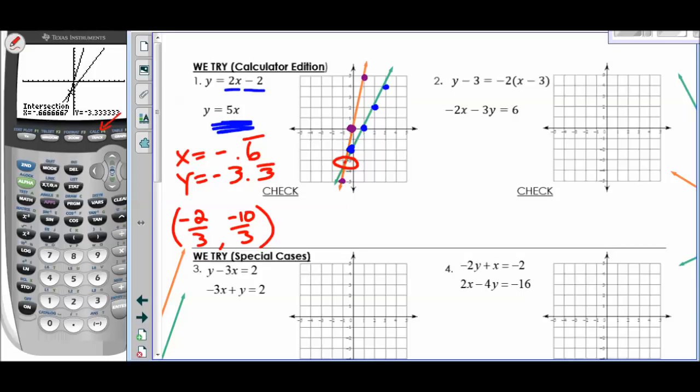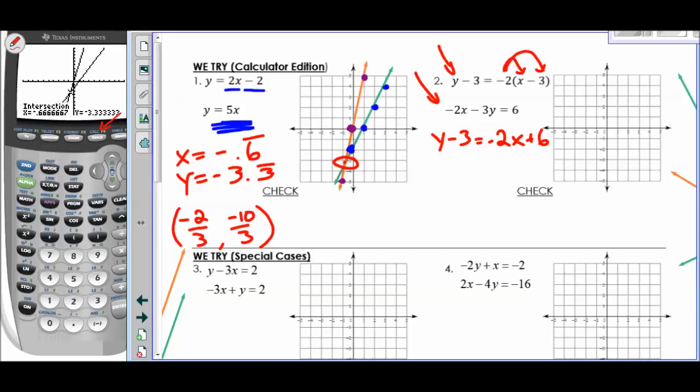I'm going to go over to the next one, and we see that that's in point slope form and standard form. We can't graph that on the calculator, not like it is at least right now, but we can change those around so that we can graph those on the calculator. On the first equation, I'm going to distribute first. That gives me y minus 3 equals -2x plus 6.